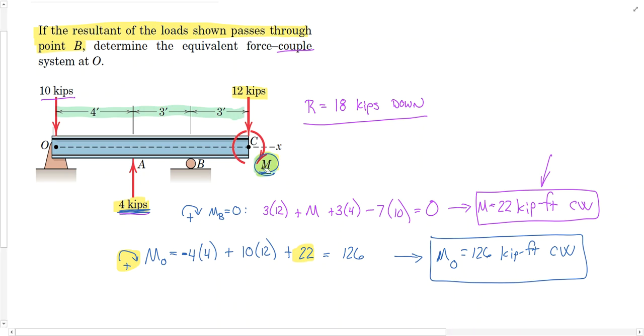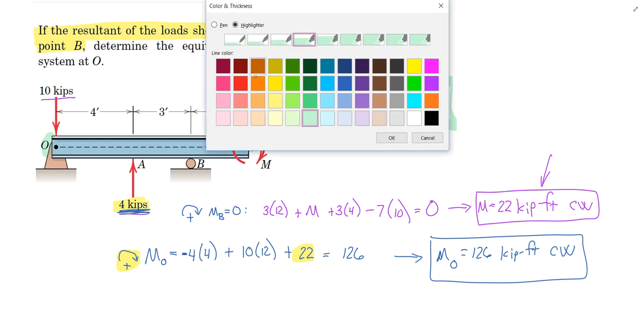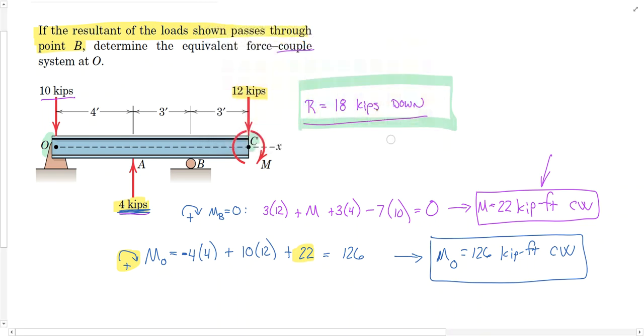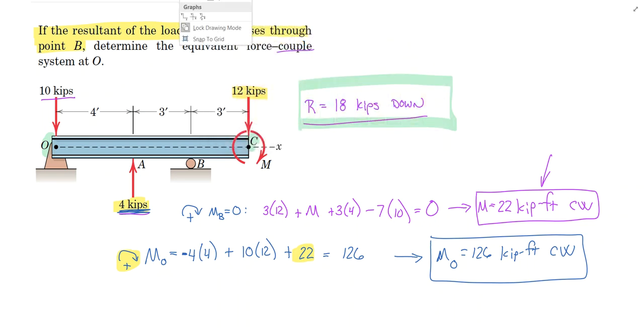So moments are free vectors. They're simply added, and even though it's applied out here at C, it has the same effect over here at point O, because all of our structures are, of course, rigid. So the force couple would have a downward 18 kip force. We can sketch this quickly. We'll go with an orange color, actually, since we have a 10 kip load out there that's red.